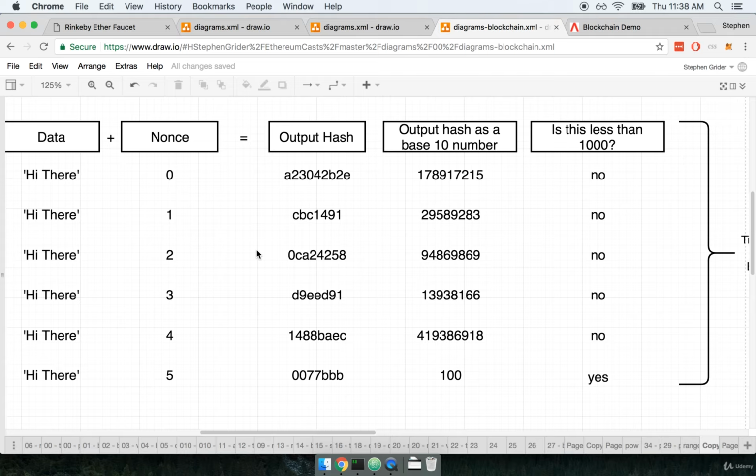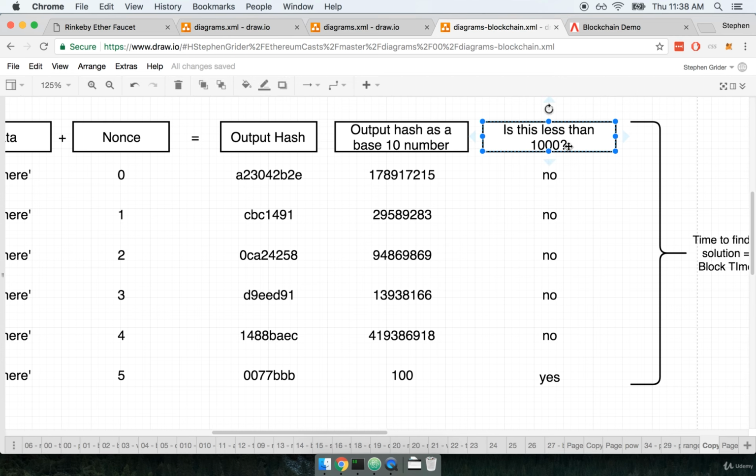However, in the real blockchain, we are looking for some target values, or this kind of like comparison value right here, this less than 1,000. We are looking for some very small target values. So that means that in practice, even though our computers can hash all this data very quickly, we have to execute so many hashes to eventually find that random number that is less than the target value that it ends up taking many seconds of time in the real world.